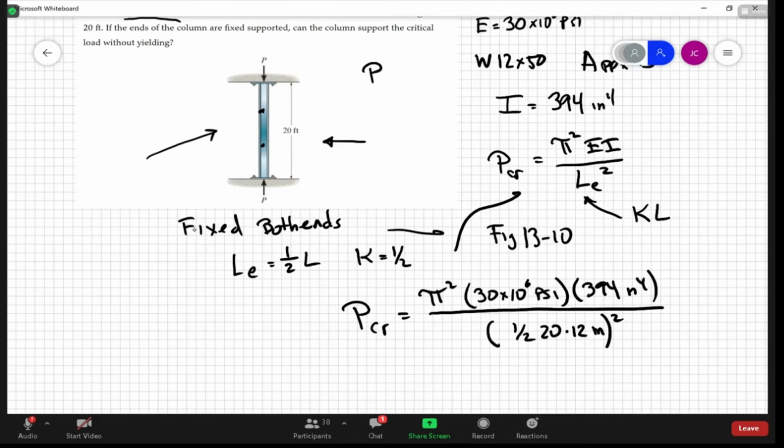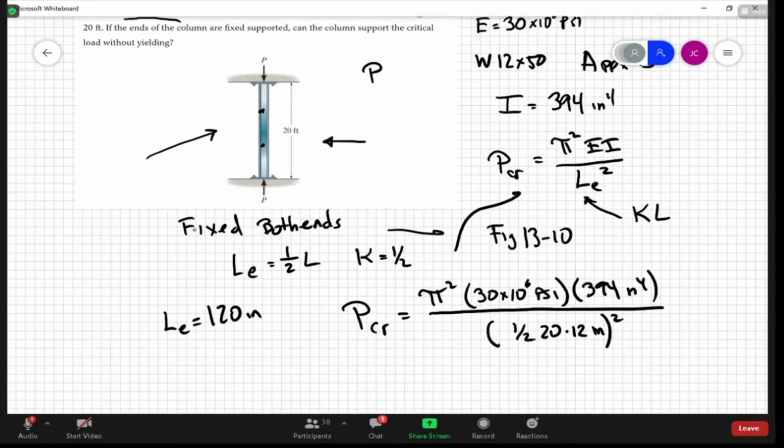So let me do this. Pi squared times 30 times 10 to the 6th, times 394. Upstairs we get a big number, but downstairs is going to be big too. So the effective length here is 6 times 20, which is 120 inches.